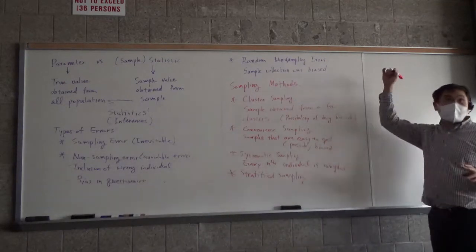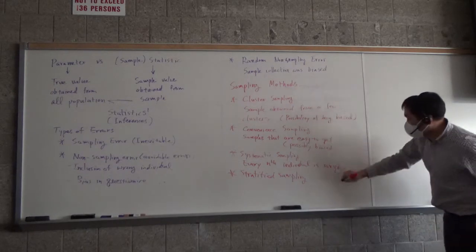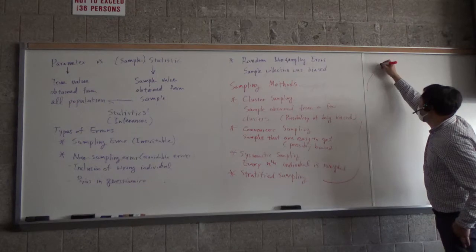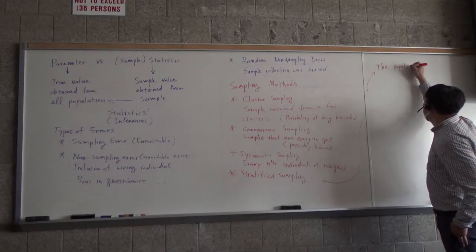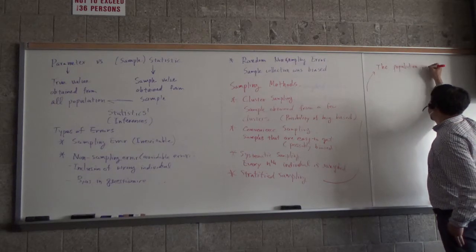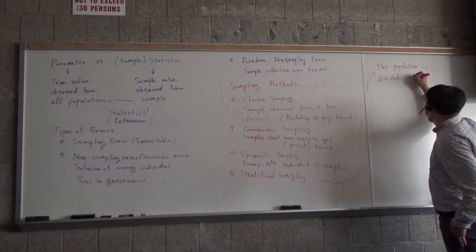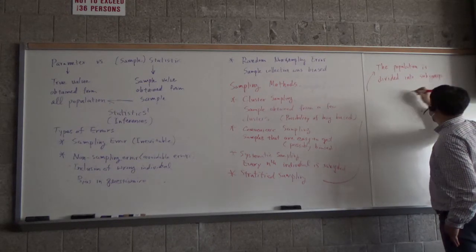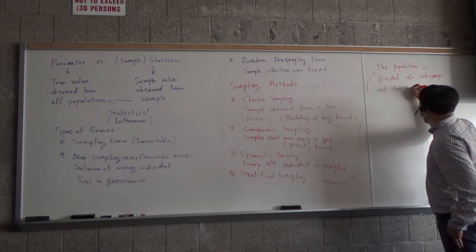Stratified sampling is when the population is divided into subgroups and then sampled. Okay, so that every representation is there.